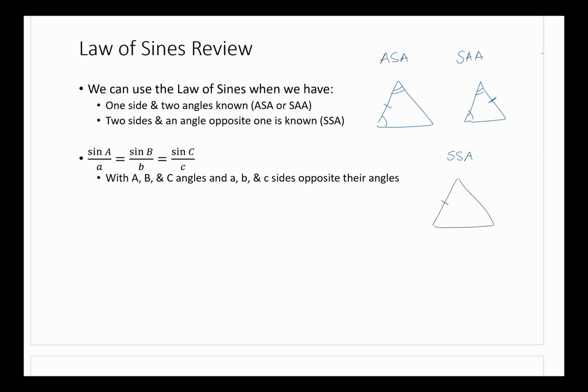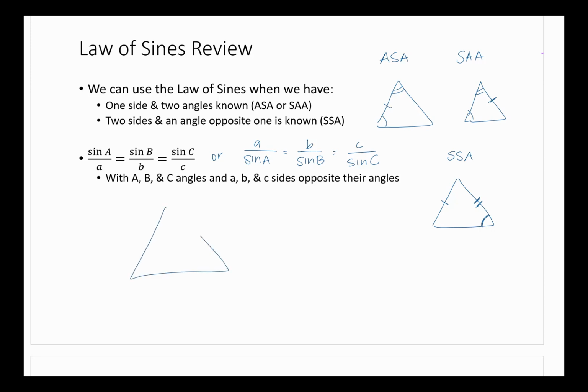So if I have two sides and a non-included angle, all three of these we're going to be using the law of sines. And here's our law of sines. We can also have it as a over sine of A is equal to b over sine of B is equal to c over sine of C. To remind you, capital letters are angles, lowercase letters are the sides.